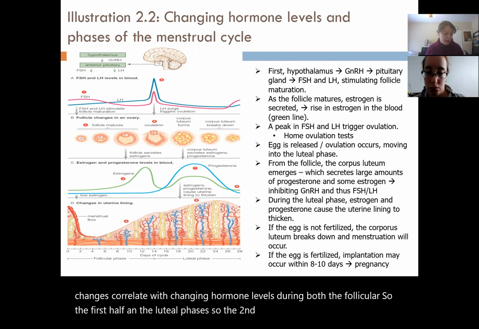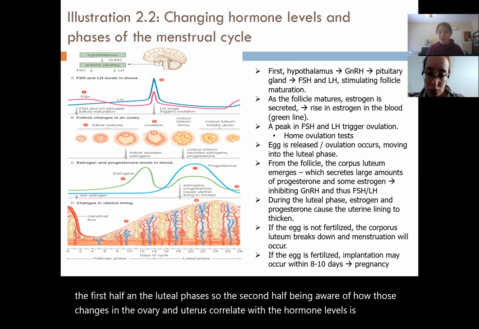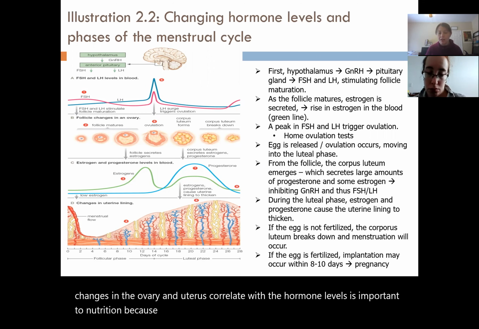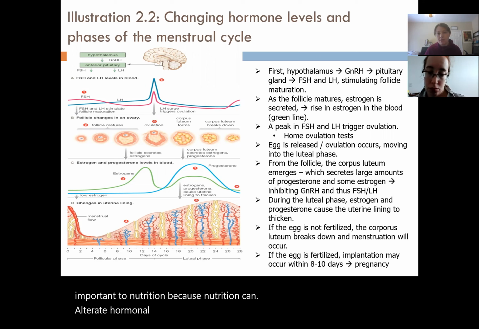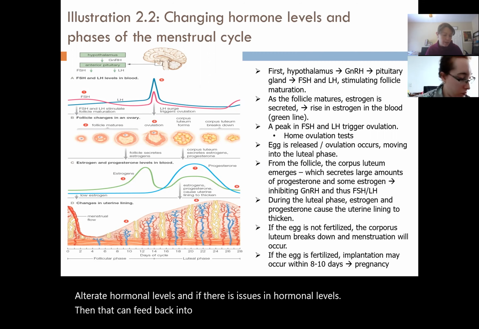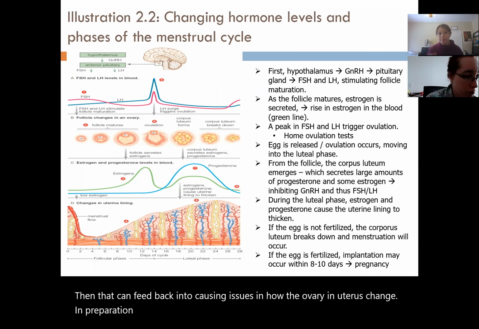Being aware of how those changes in the ovary and uterus correlate with the hormone levels is important to nutrition, because nutrition can alter hormonal levels. And if there are issues in hormonal levels, then that can feed back into causing issues in how the ovary and uterus change in preparation for conception.